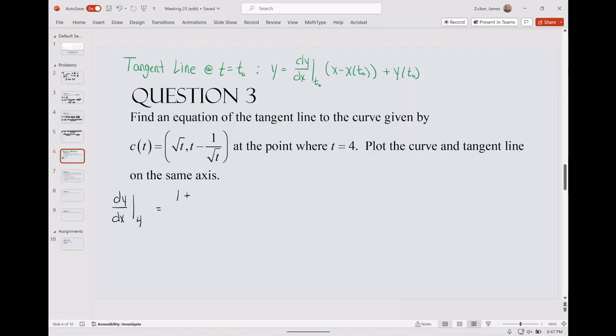Should be t to the minus 3/2 over 2. Or 1 over 2t to the 3/2. What is x dot?